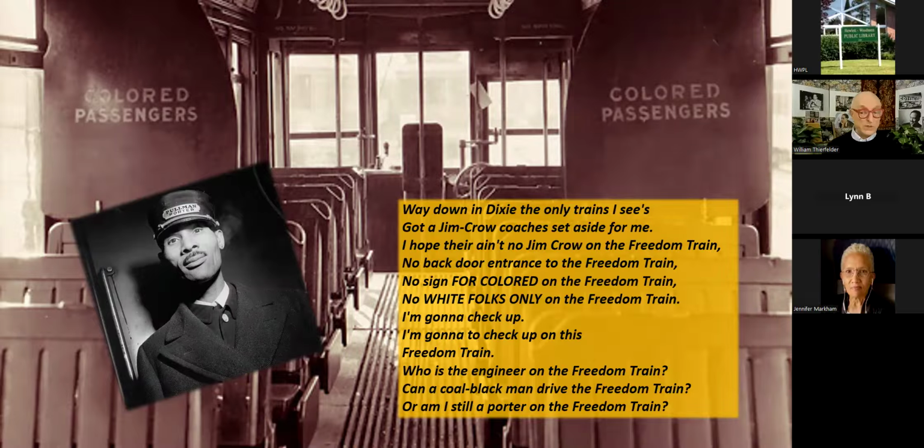I hope there ain't no Jim Crow on the Freedom Train. No back door entrance on the Freedom Train. No for colored on the Freedom Train. No white folks only on the Freedom Train. Oh, I'm going to check up. I'm going to check up on this Freedom Train.